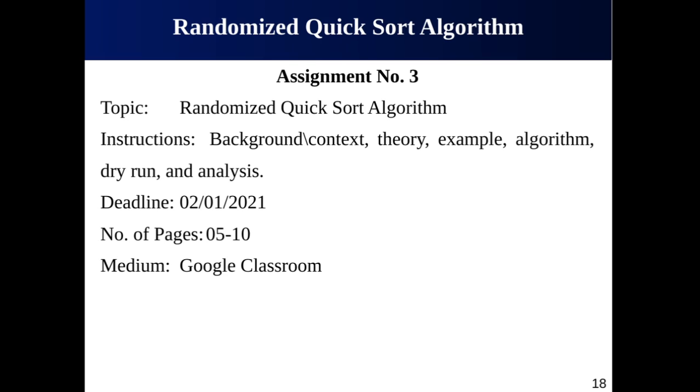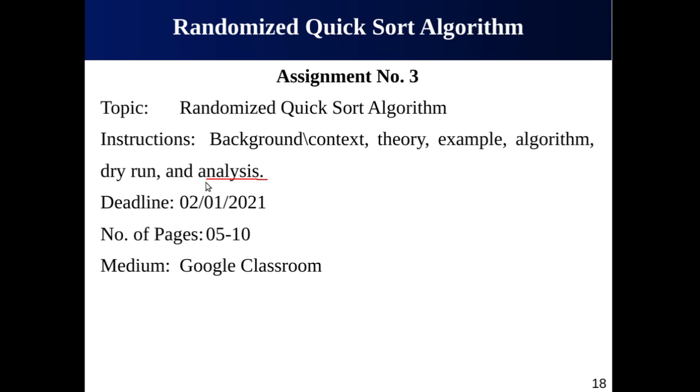So provide theoretical background. Then in order to explain the randomized quicksort algorithm, you have to provide the theoretical aspects as well as examples, the algorithm pseudocode or flowchart or English statements, and if possible you can give a dry run of an example, and also the analysis, especially the worst case analysis of the randomized quicksort algorithm, which is n log n. So I'm interested in that.